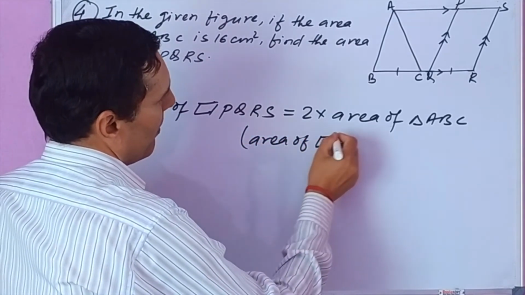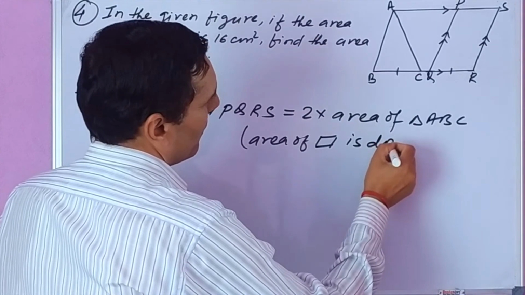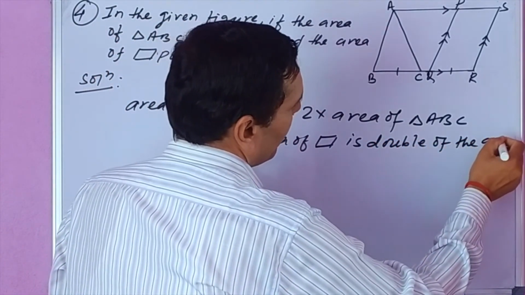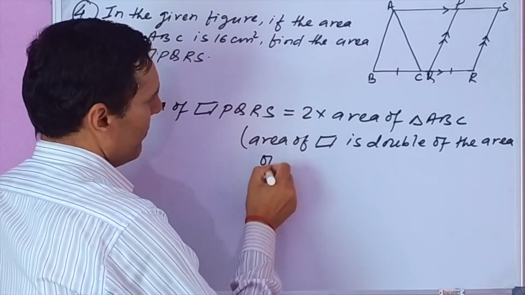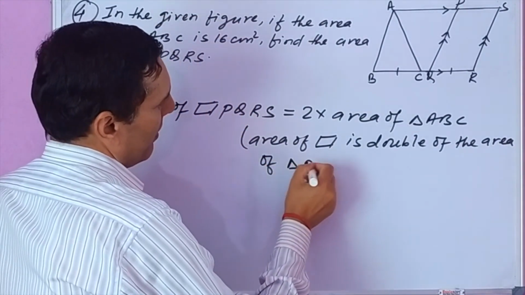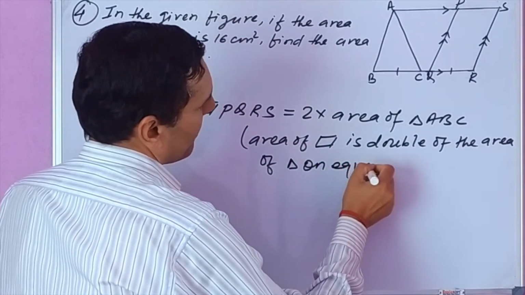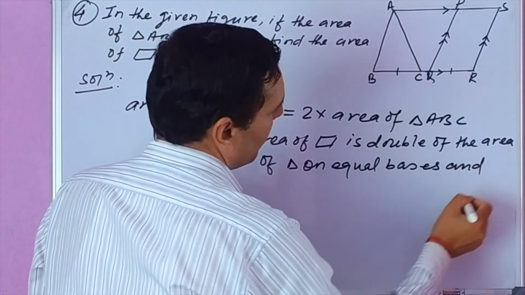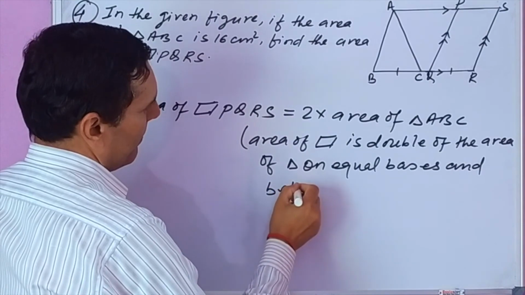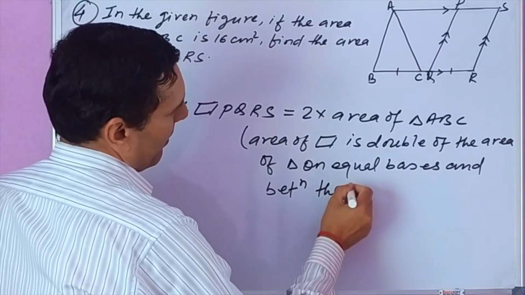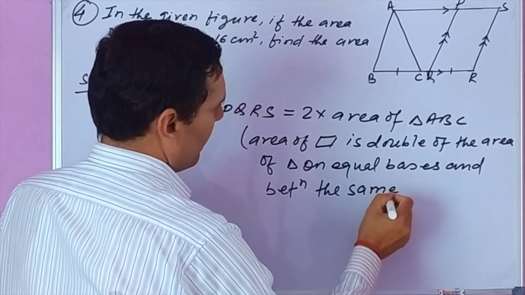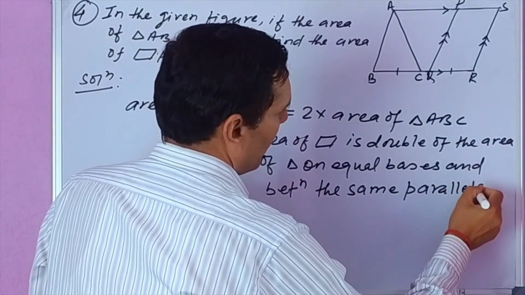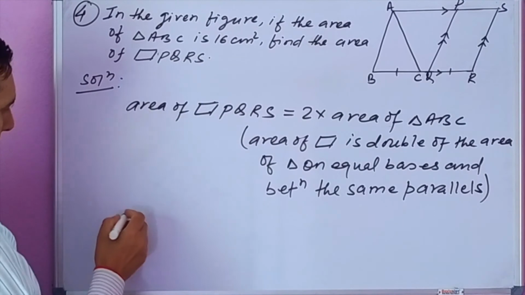Area of parallelogram is double of the area of triangle on equal bases and between the same parallels.